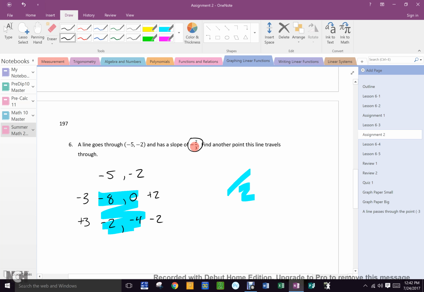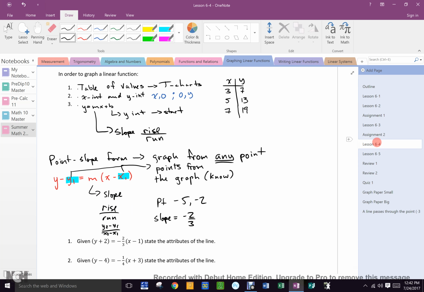Yes. Okay. So now I have a point and I have a slope. Where does that go in this formula? Starts with a y, and then I put the y that I know.